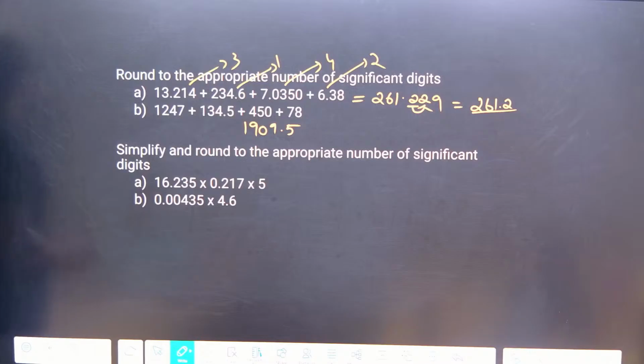Tough one. 16 5s are 80. Least significant figures: 5 significant, 3 significant, 1 significant.